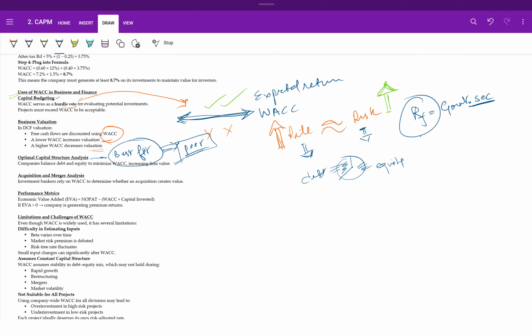Acquisition and merger analysis. Investment bankers rely on weighted average cost of capital to evaluate acquisition targets. And the weighted average cost of capital is used in acquisitions and merger analysis. How much money during mergers and acquisitions?